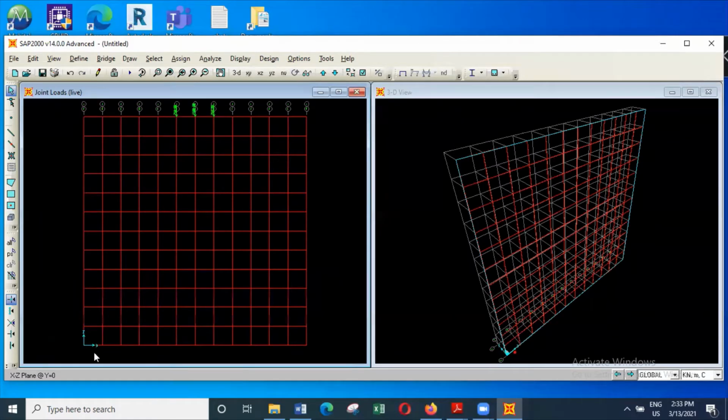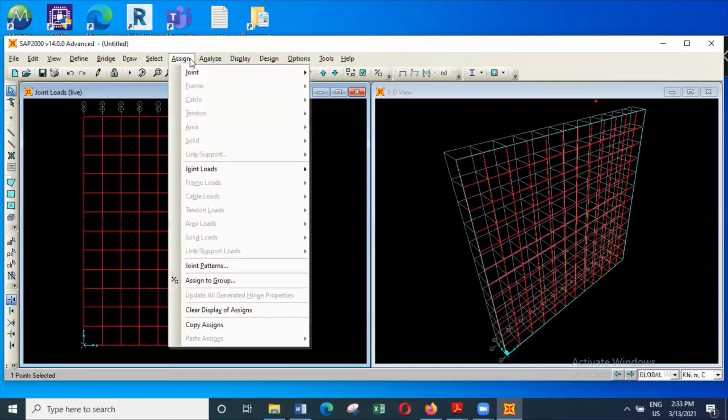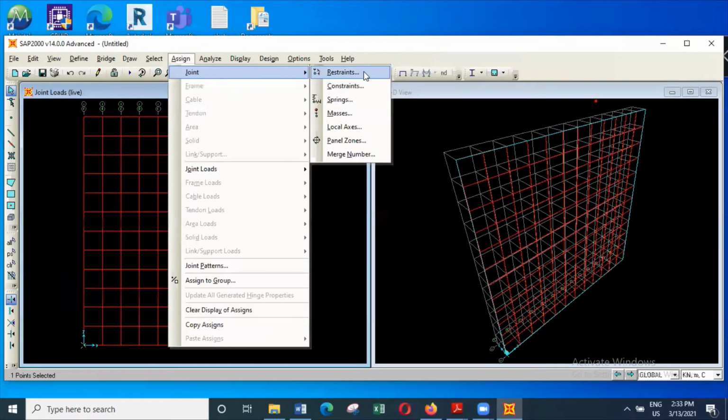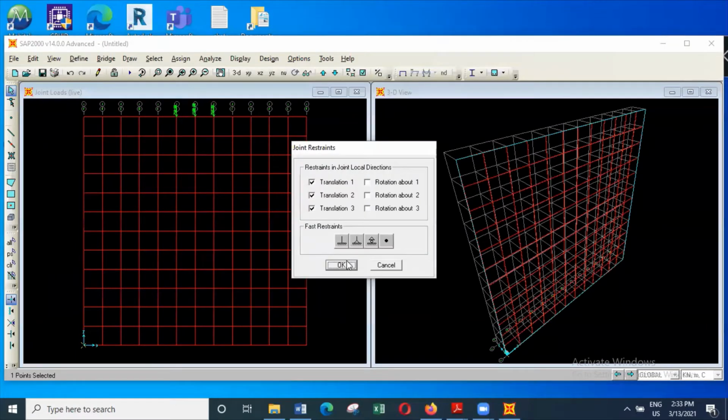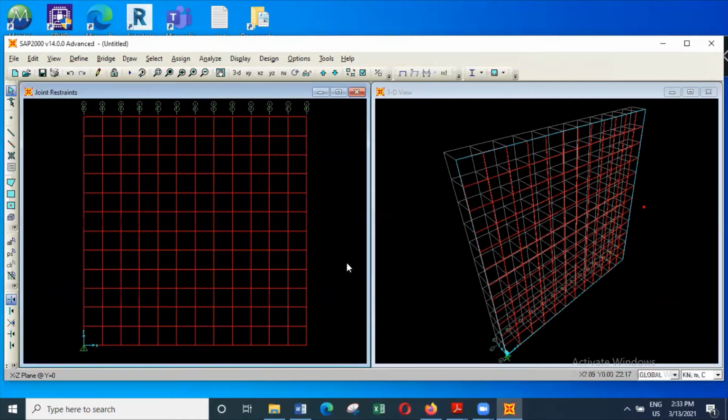And here we'll also define some support conditions. So generally when you are designing the supports, it's a good practice to restrain only one point, and the support will be there over a length of 0.5 meters. So I will go for 2 concentrated supports.